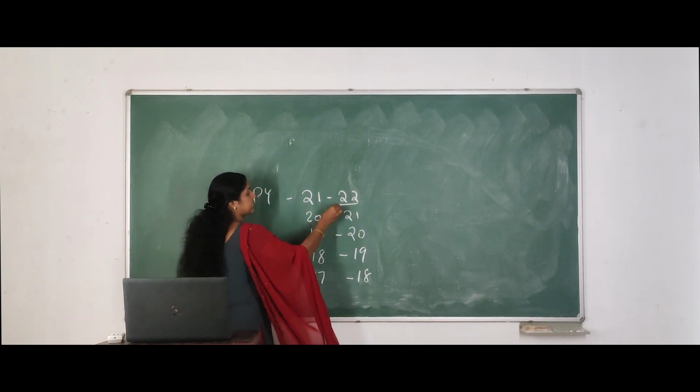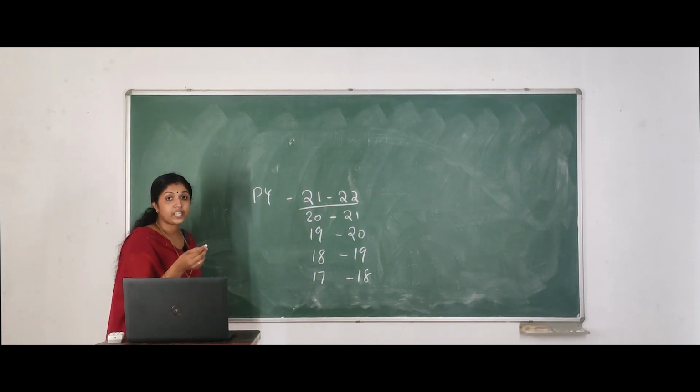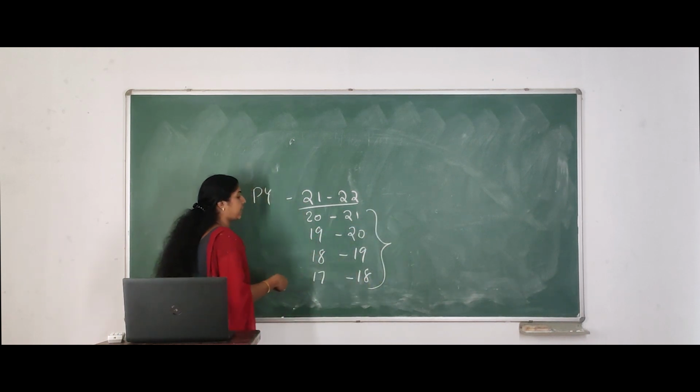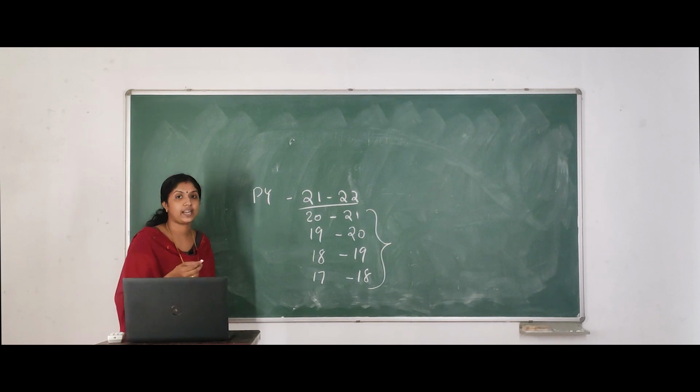This is our previous year, and the preceding 4 years are 20-21, 19-20, 18-19 and 17-18.